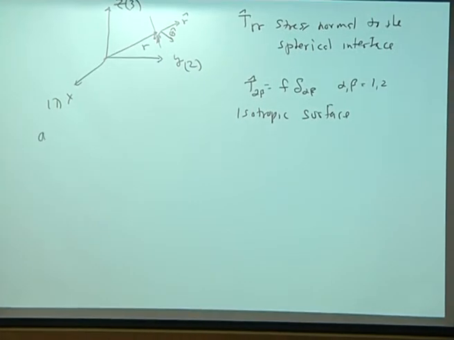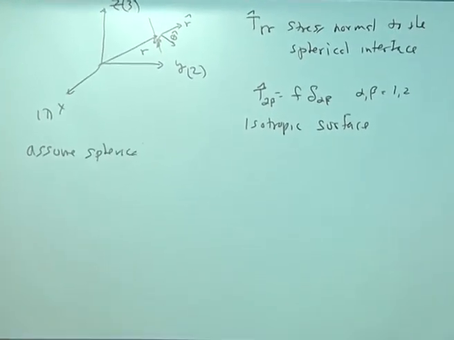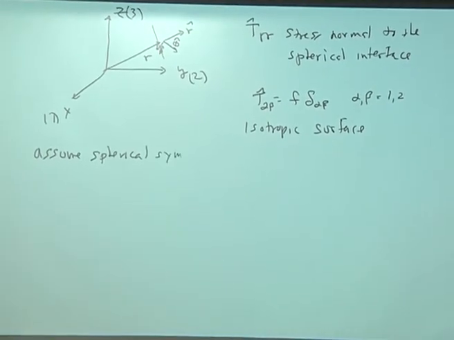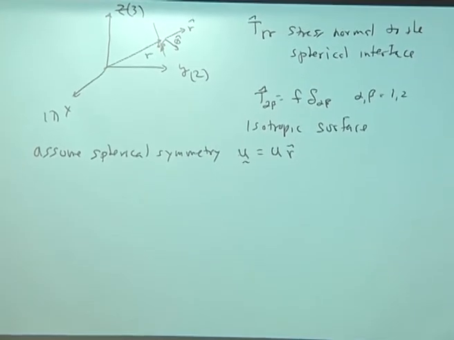Basically, we're going to assume spherical symmetry. So the displacement vector is just going to be equal to u times r hat. So it's only along the radial direction. And this is why this problem becomes so simple.